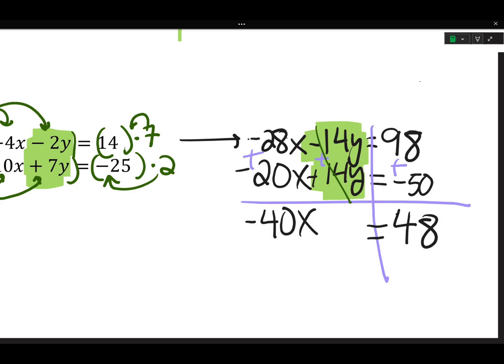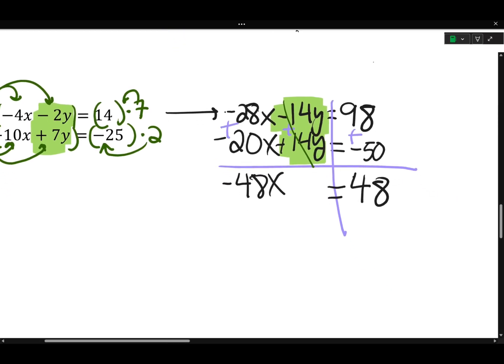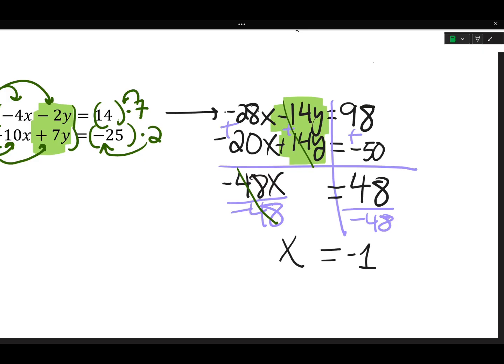I don't know why I wrote 40 there. There we go. Last step, let's divide both sides by negative 48. Negative 48 divided by negative 48 is 1, which is why we did that. X equals negative 1.